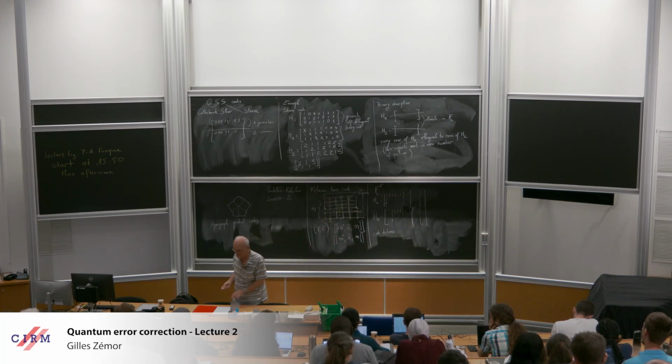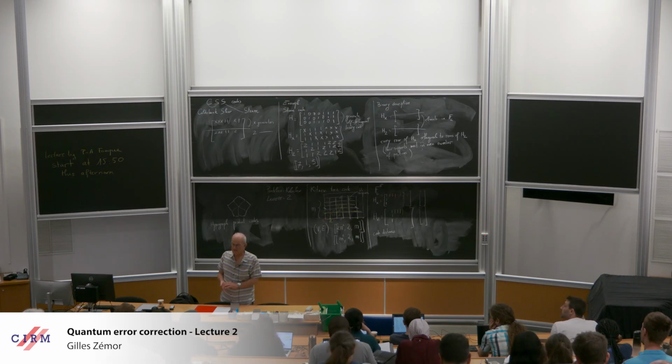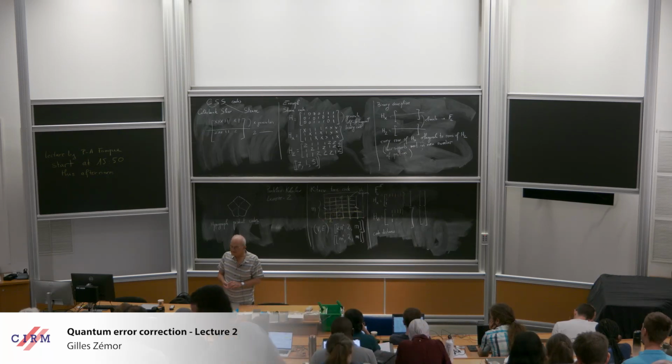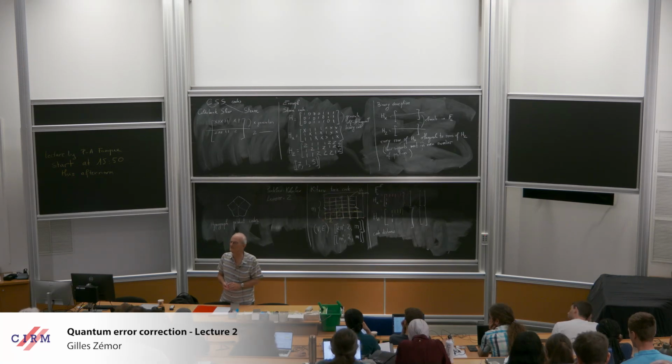It replaces this lifted product idea by using well-chosen square complexes, together with some ideas from classical coding theory that, again, I don't really have enough time to talk about.